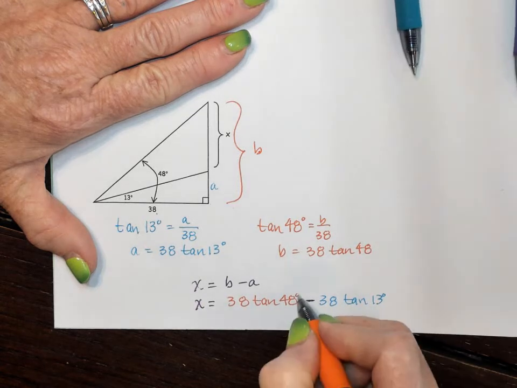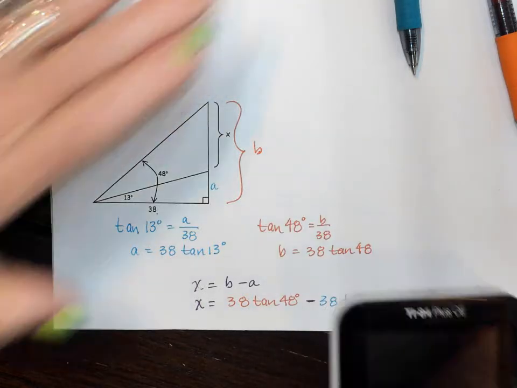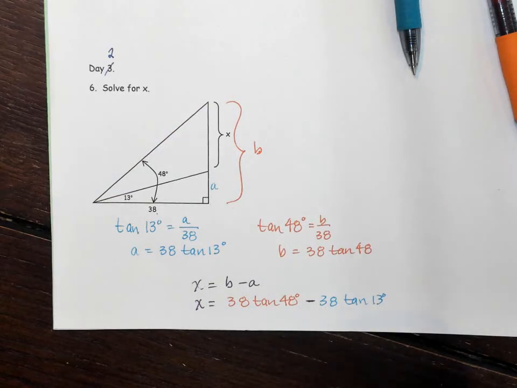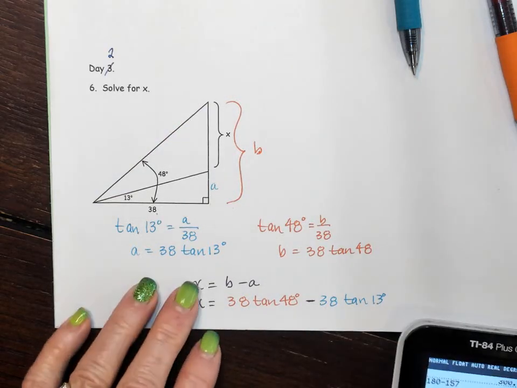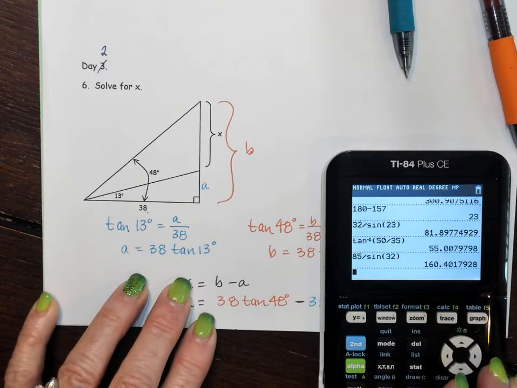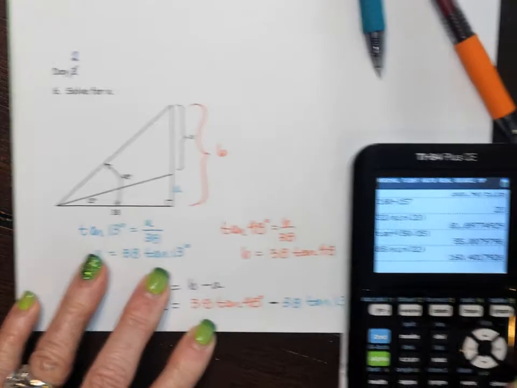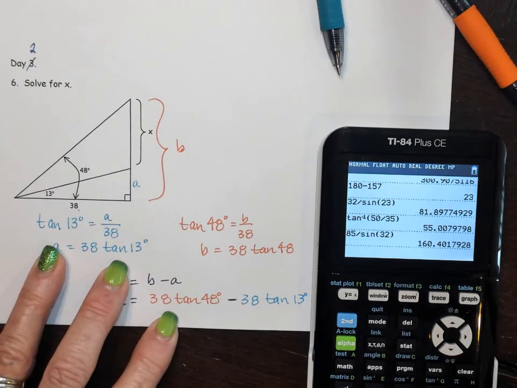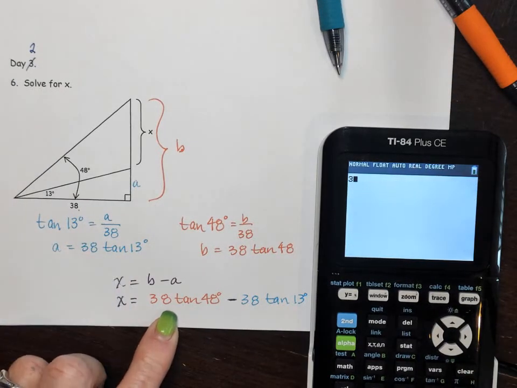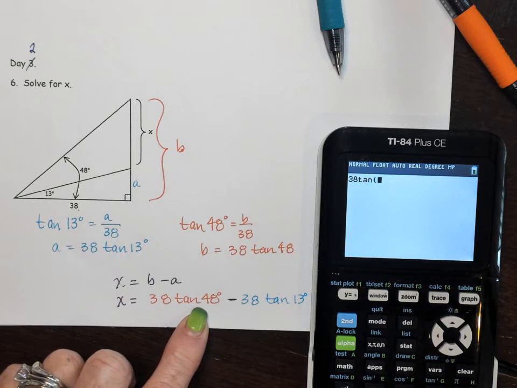Now we type that big long string into your calculator. 38 tangent 48.